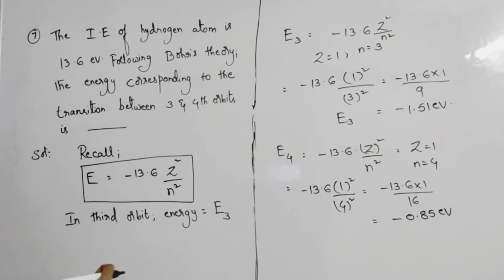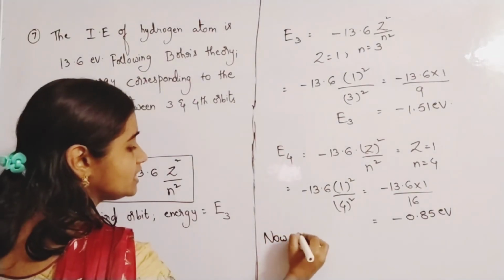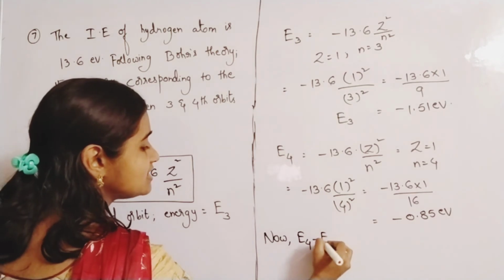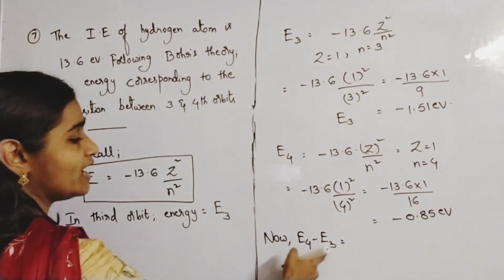Now we want the transition between E3 and E4. Which means you have to calculate E4 minus E3. That will give you the transition between E4 and E3.